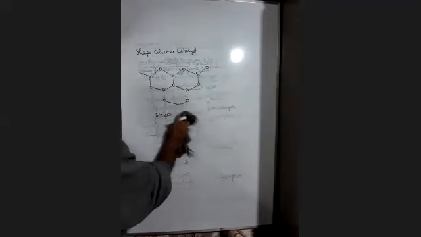These molecular sieves are very important catalysts, and they are largely used in the petroleum industry. A very important shape selective catalyst called ZSM5 is used in the petroleum industry. If you heat ethanol with this, it converts ethanol into petrol.